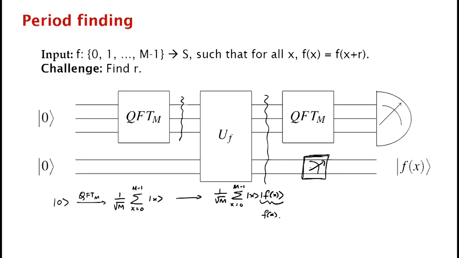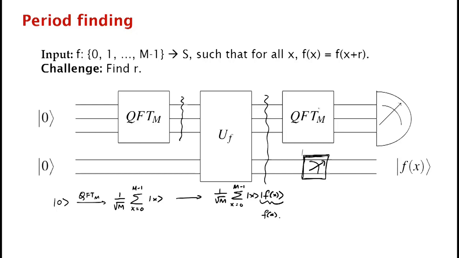As long as there's no further communication between these qubits, it doesn't matter whether you measure these lower qubits or not. You'll get the same answer on the upper register. But conceptually it helps to think of doing the measurement on the lower qubits. So we measure them, we see f of a.